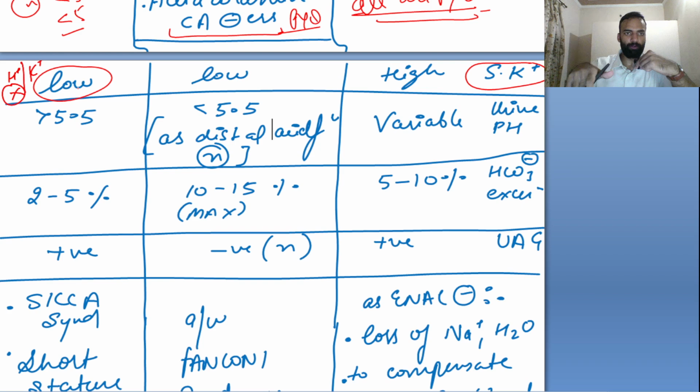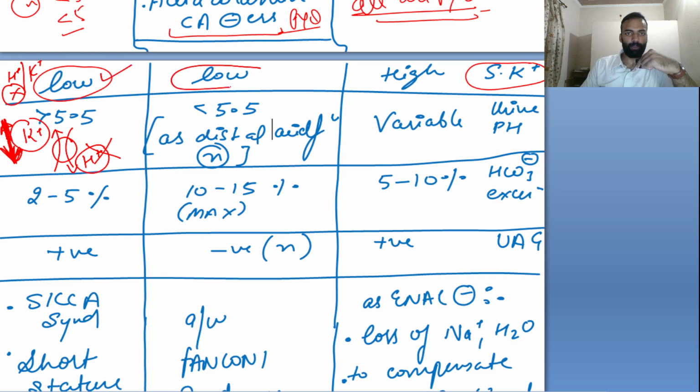If there is no hydrogen moving out, potassium will not be reabsorbed. So the potassium will be low.